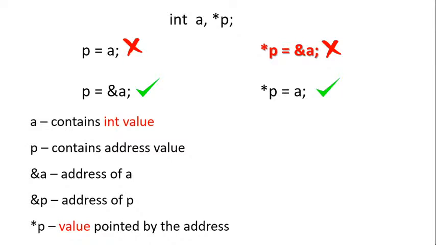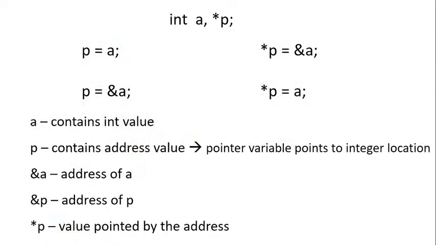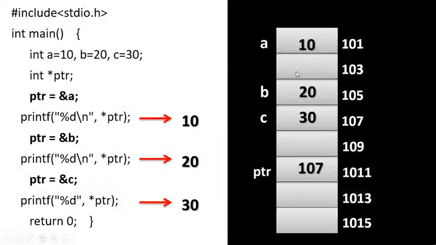But I'm printing star PTR. Where am I printing star PTR? In the previous question, is it? Let's see. I'm printing the value here. If I print only PTR, what will get printed? The address of A will be printed.